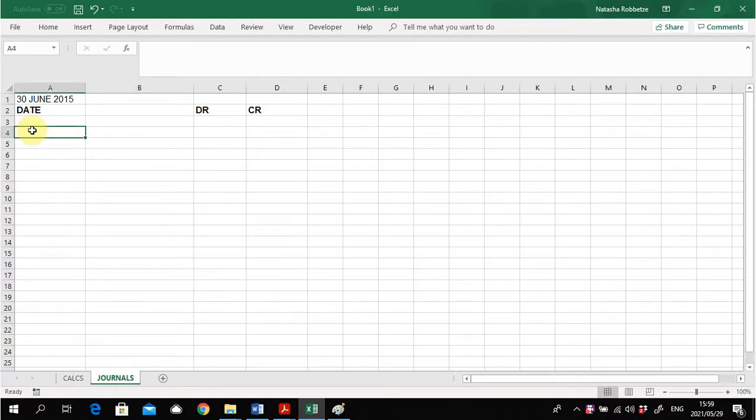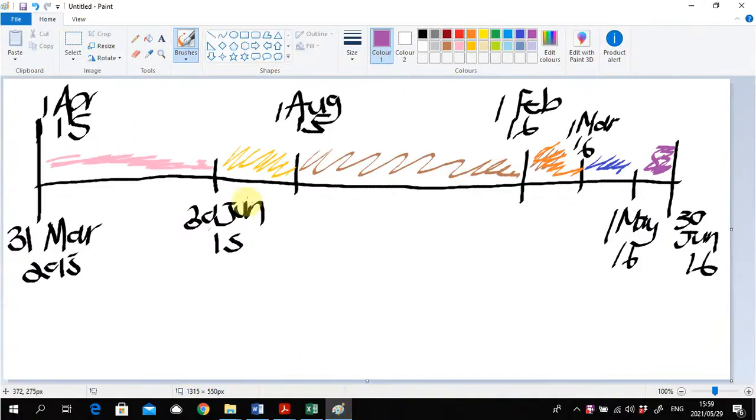The first journal that we are going to do, and I think again your timeline is quite useful in this instance, right? So the first thing we need to do is recognize the loan that was received, and thereafter we will have a recognition of the different time spans and the progress payments that go with it.